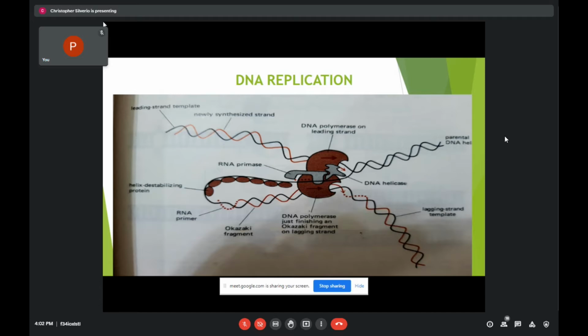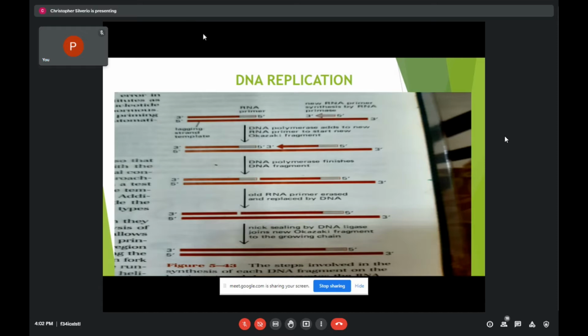Okay, did you understand, class, the replication of the leading strand and the lagging strand? Okay, now, this is to show you how the lagging strand is replicated and how the Okazaki fragment is formed.